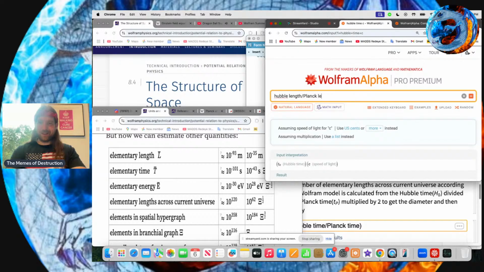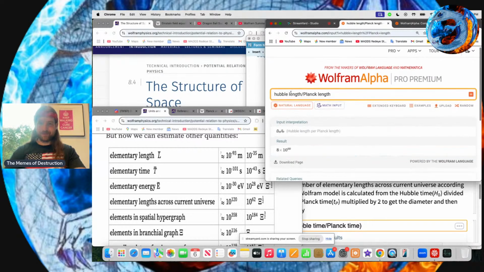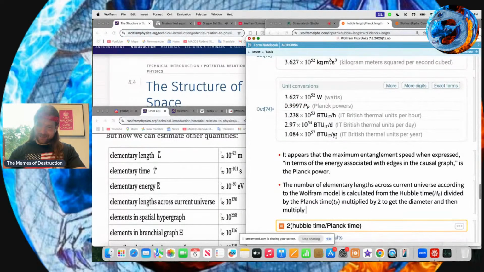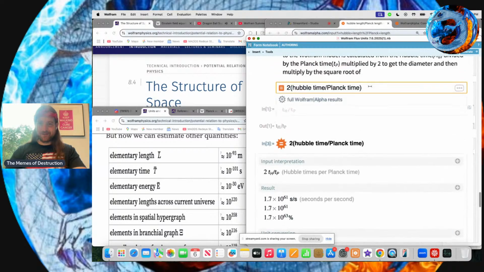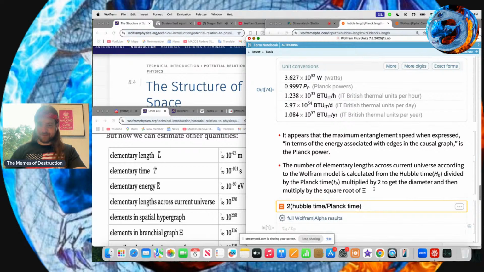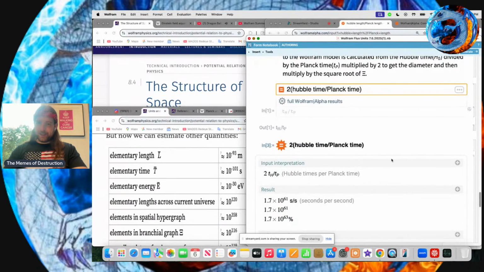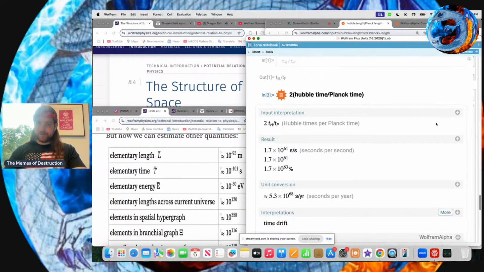No, length. Sure, it gives the same number. Okay, that's fine. Everything is fine. Multiply by the square root of capital psi.